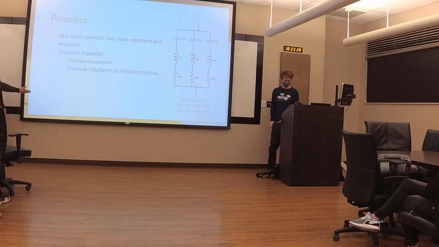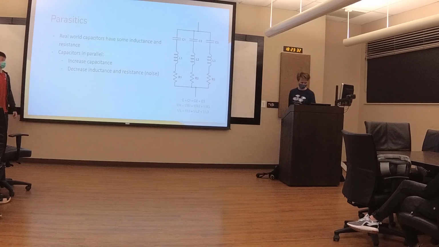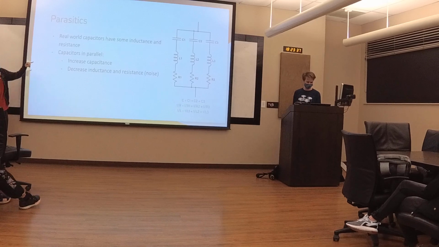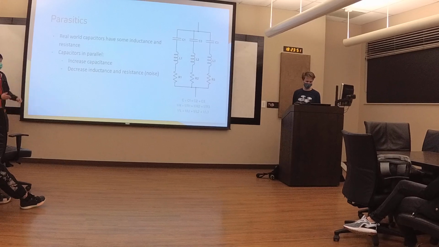Okay, so ideally capacitors are just pure capacitance, which helps us filter out noise, but they do have some parasitic effects, inductance and resistance, which we don't want. So what do we do? Well, if we put them in parallel, you can see these three basic laws here. If you put capacitors in parallel, they add the capacitance, which is what we want, and they diminish the resistance and the inductance, which is what we don't want.